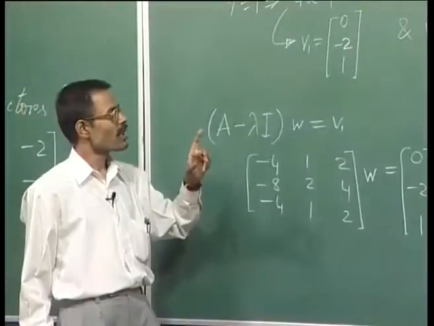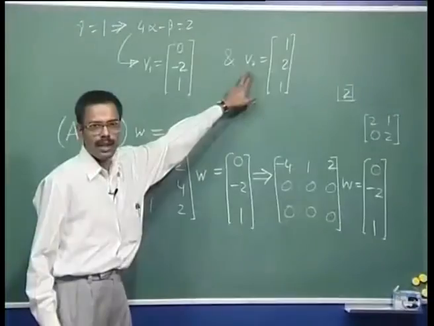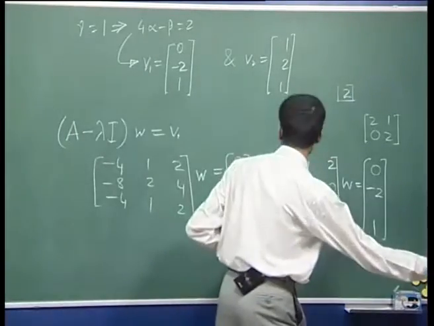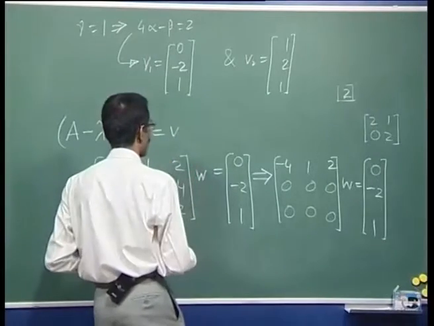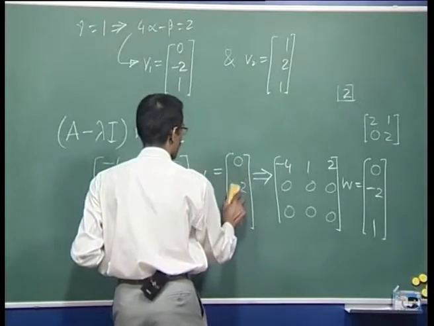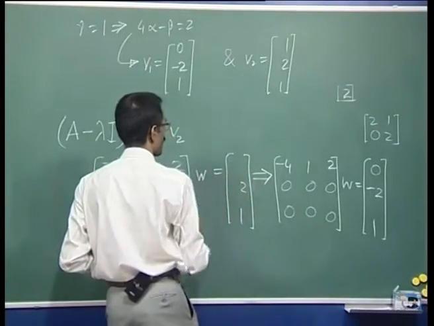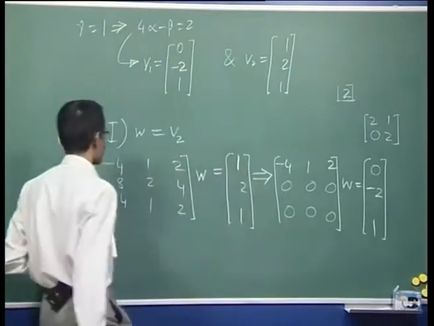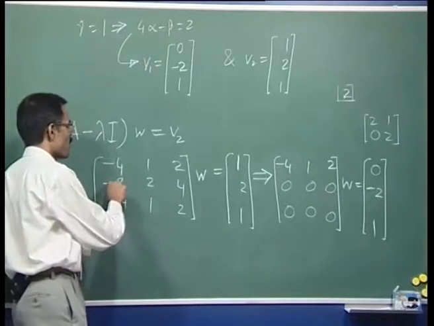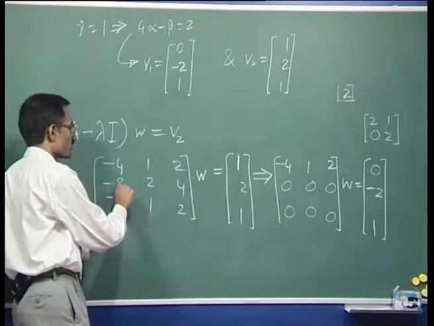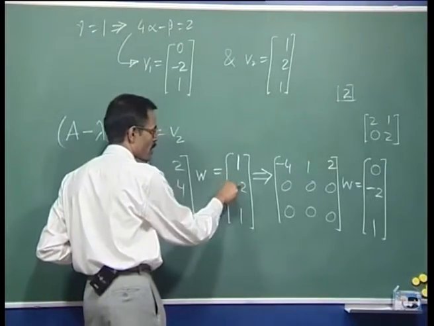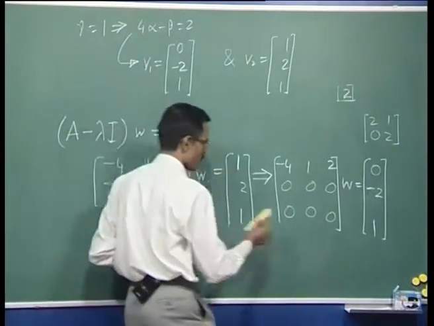That means the generalized eigenvector has to come from some other eigenvector. So, we try with V2. V2 is 1 2 1, like this, and when you do these row operations, as we subtract twice the first row from the second row and the first row from the third row, here from the second row twice the first row is subtracted and here you get 0.